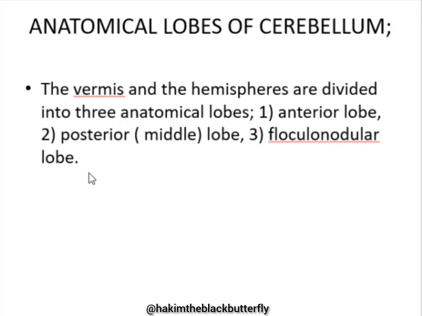These are the three anatomical lobes of the cerebellum: the anterior lobe, the posterior or middle lobe, and the flocculonodular lobe.